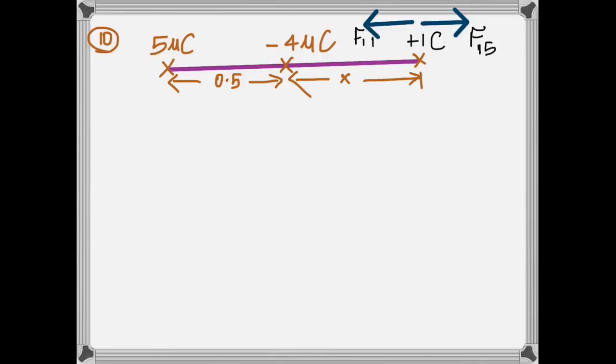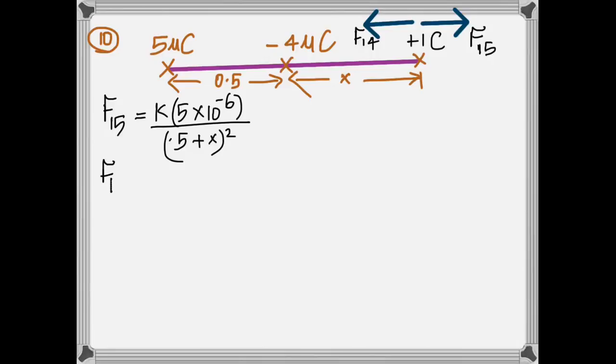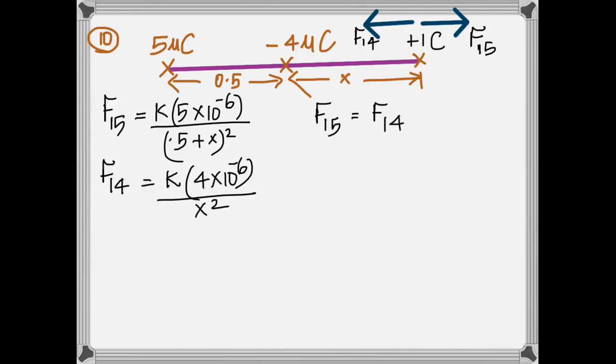And we know that. I'm calling it F14 and F15. And each of these forces is given by K, Q1, Q2 by R squared. Carefully note the distances. They both must be equal. Set them equal to each other.